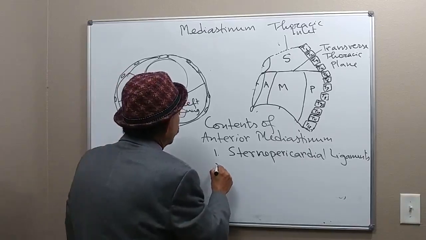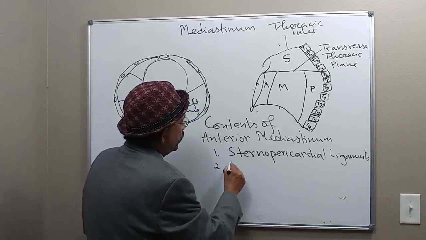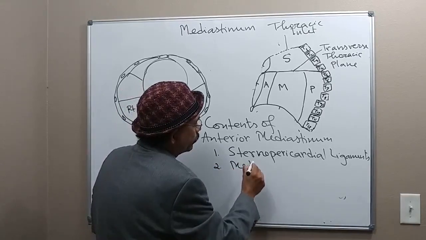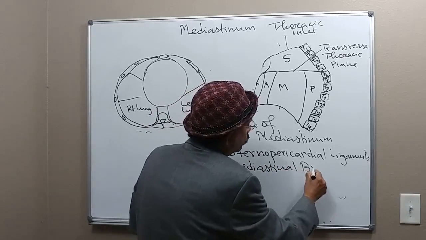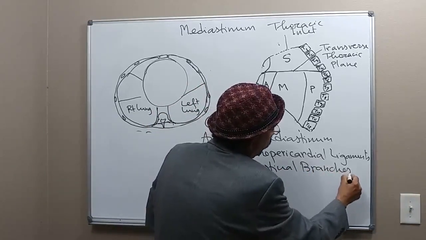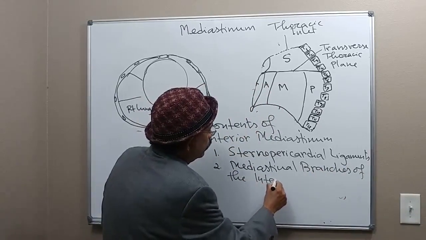Okay, it contains the mediastinal branches of the internal thoracic artery.